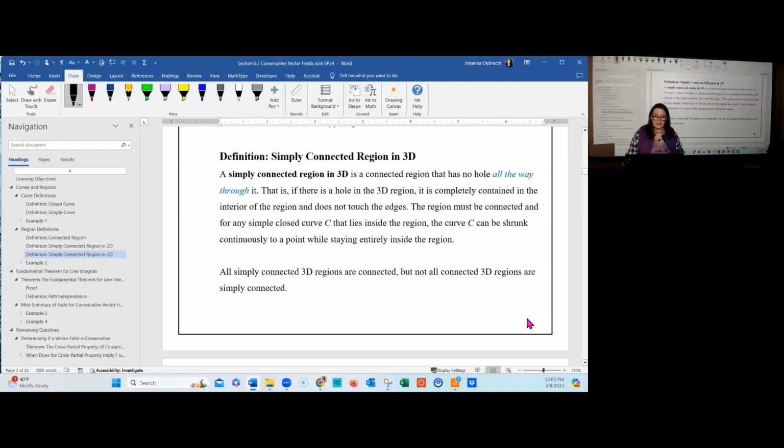A simply connected region in 3 dimensions. What does it mean for a shape to be simply connected in 3 dimensions? In 3 dimensions, it does again have to do with holes. You've got to be able to get from point A to point B inside the region without leaving the region. That's still connected.